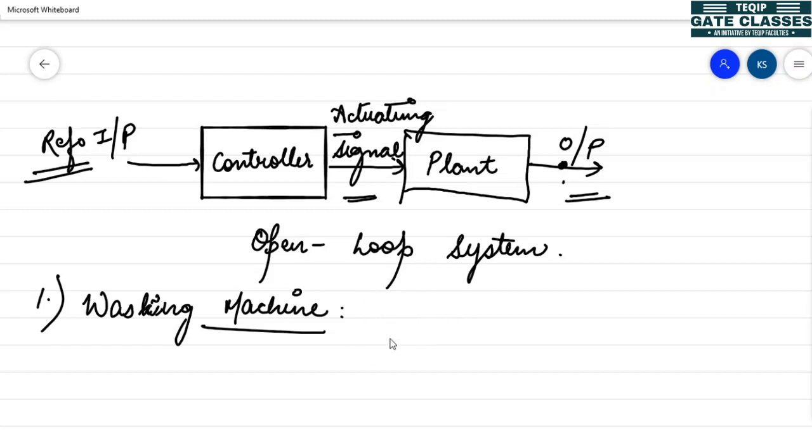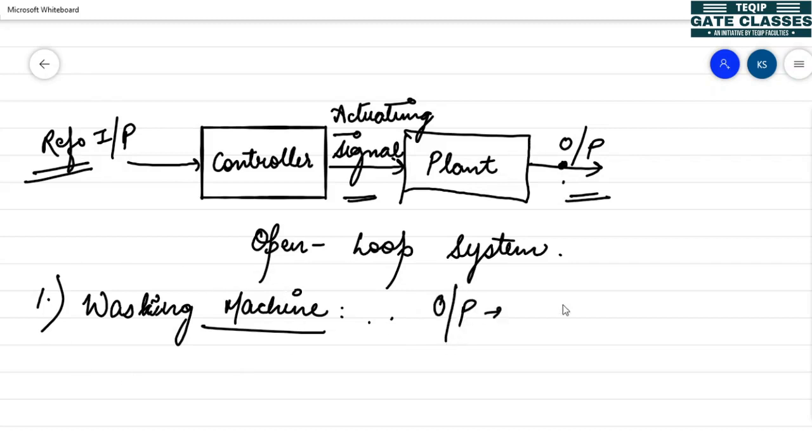Or in some of the automatic machines, you will set the type like cloths are woolen or gentle or cotton. So according to that, you will set the timer of the washing machine.